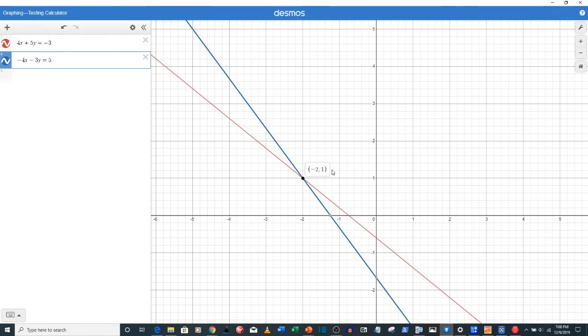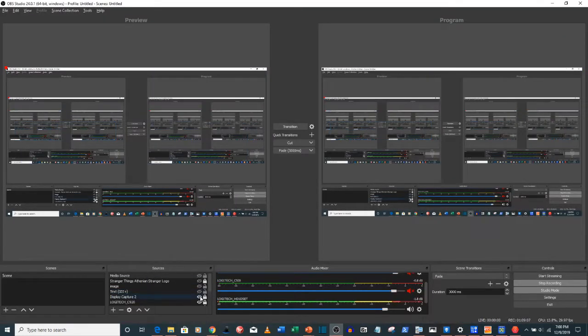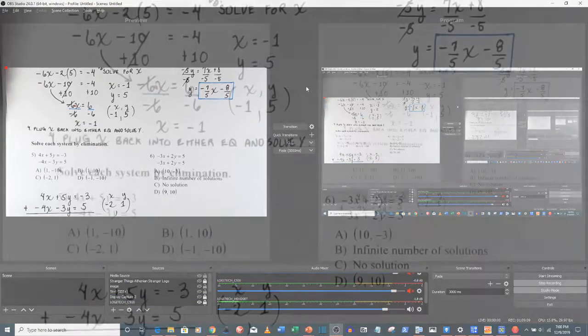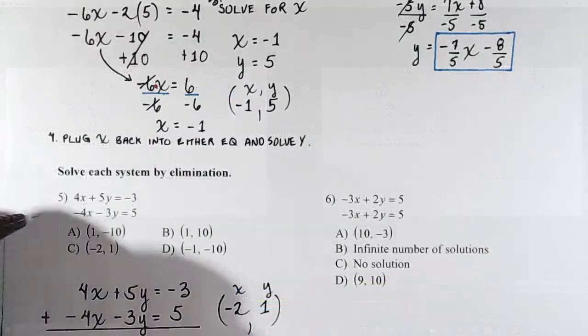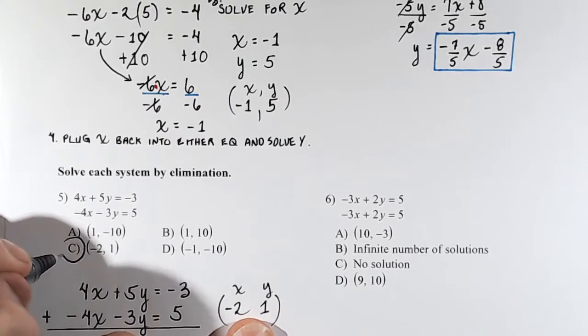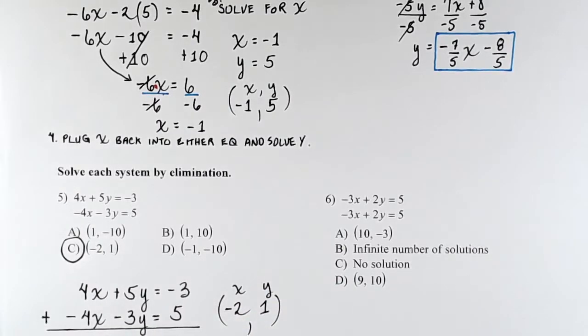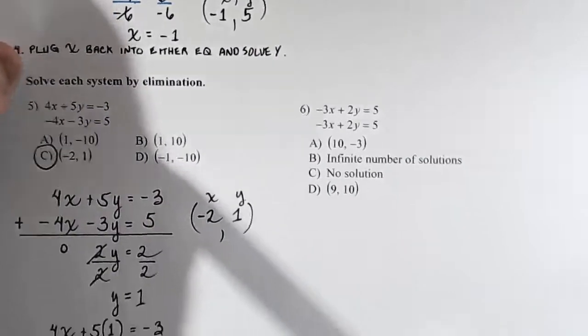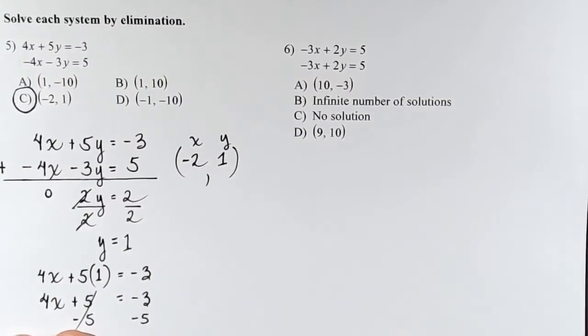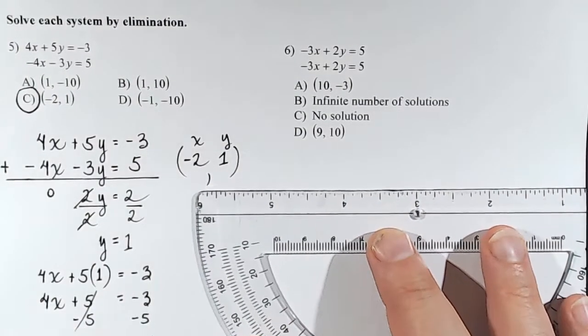They cross at negative 2 comma 1. So now let's go back to the problem. And we finally feel super comfortable by circling C. Okay? Well, now let's do number 6.